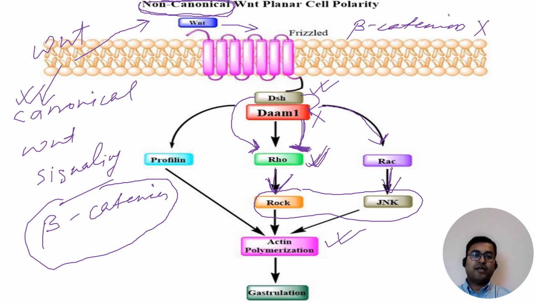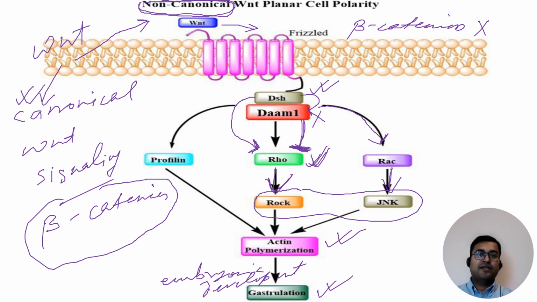This actin polymerization leads to gastrulation. Gastrulation you might have studied in embryonic development. So from this diagram, it becomes very clear that this non-canonical Wnt planar cell polarity pathway has a very important role in embryonic development.